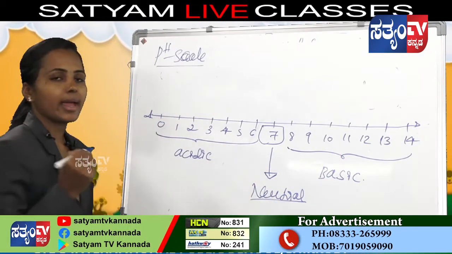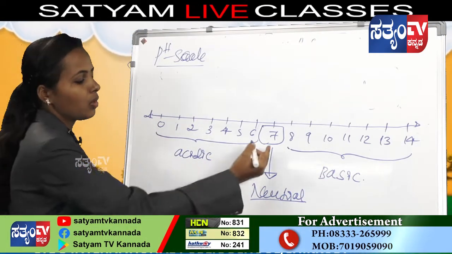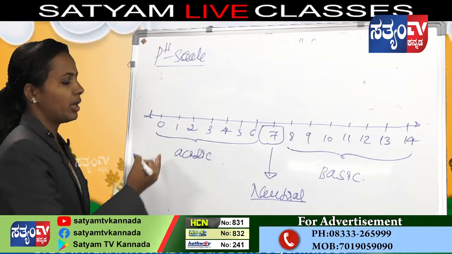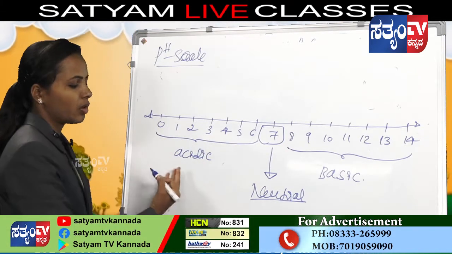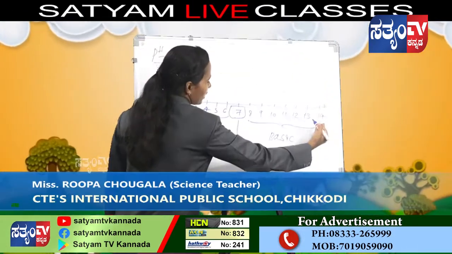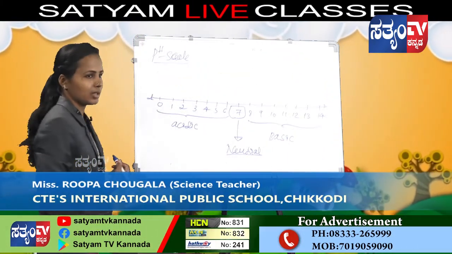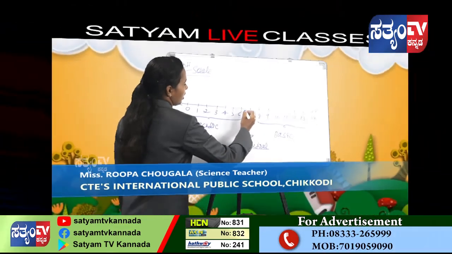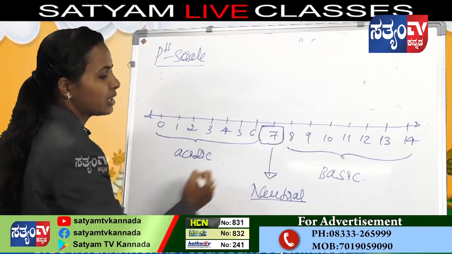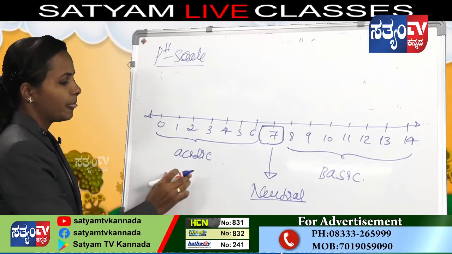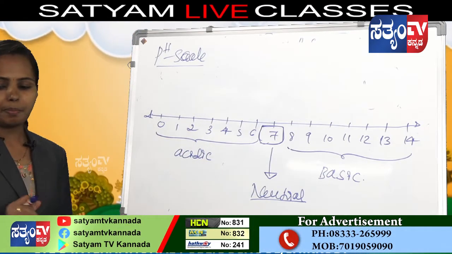If the value is exactly equal to 7, then we call it neutral. And if the value is 1, 2, 3 or anything from 0 to 6, we call it acidic. And 8 to 14, we call basic. This is about how the numbers are arranged on the pH scale, and by using these numbers we can find out the strength of acids and bases.